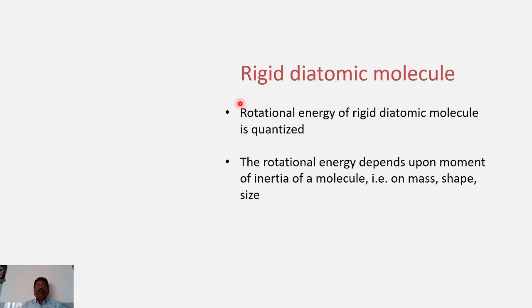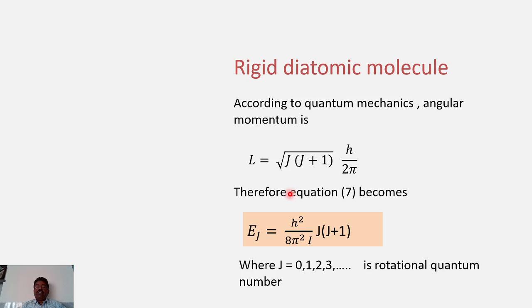So we can summarize that the rotational energy of a rigid diatomic molecule is quantized, and the rotational energy depends upon the moment of inertia of a molecule, that is on mass, shape and size. How? You can see here the rotational energy is inversely proportional to I. And what is I?